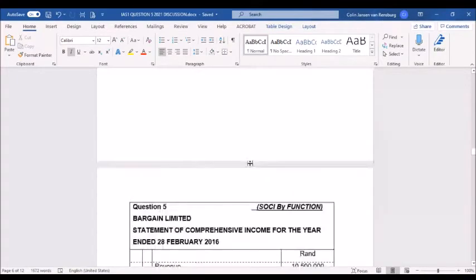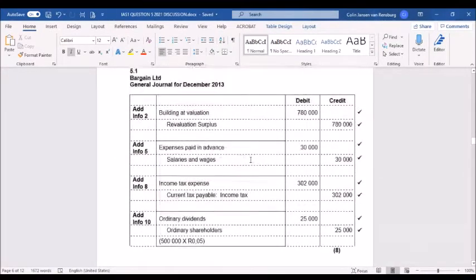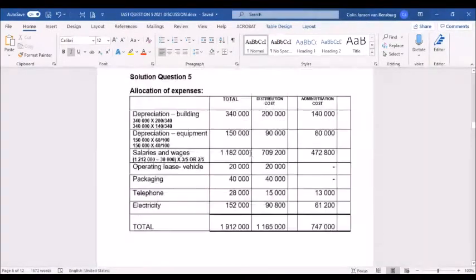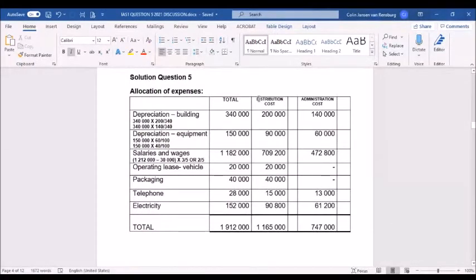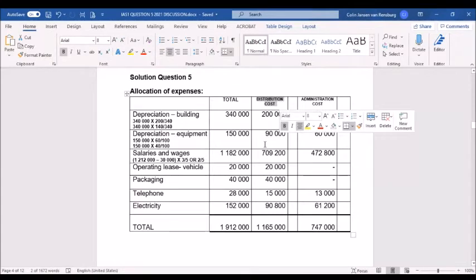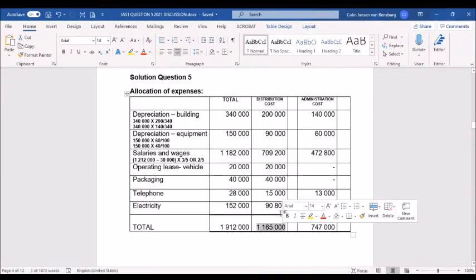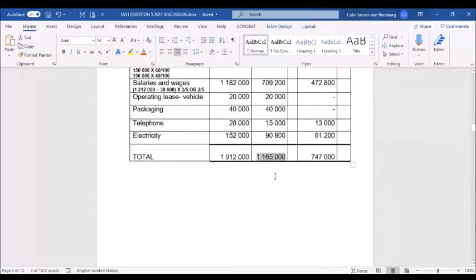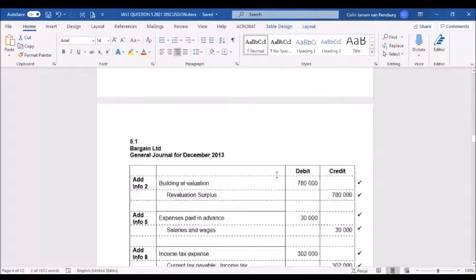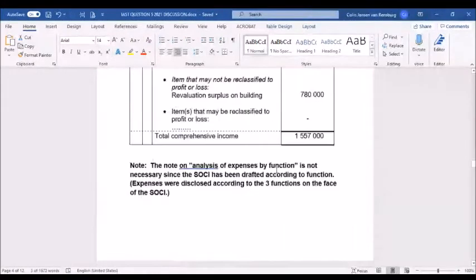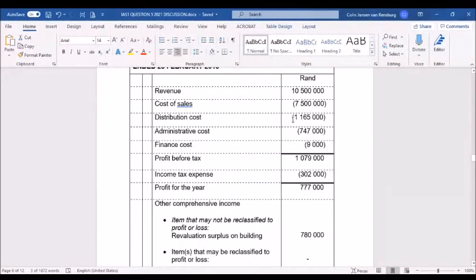So we drew up a little allocation table. So all we need to do now is to go back to our allocation table. There we look at the total for the column that indicates distribution cost. We look at the total that we've calculated there, and we simply transfer that over to our statement of comprehensive income. So that will be the 1,165,000.